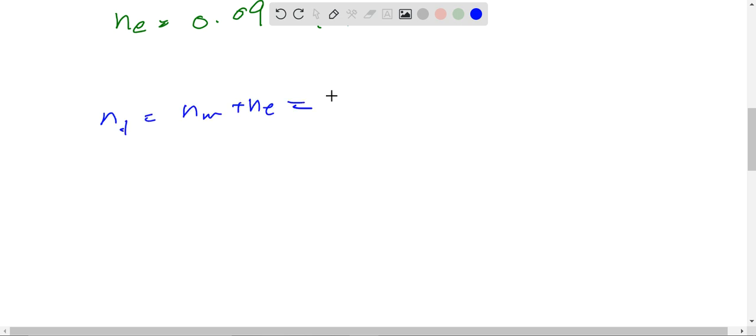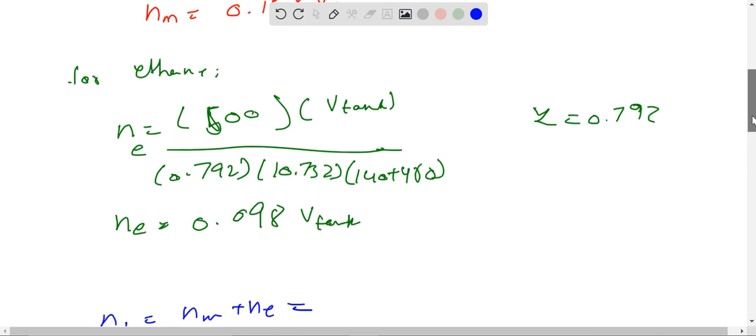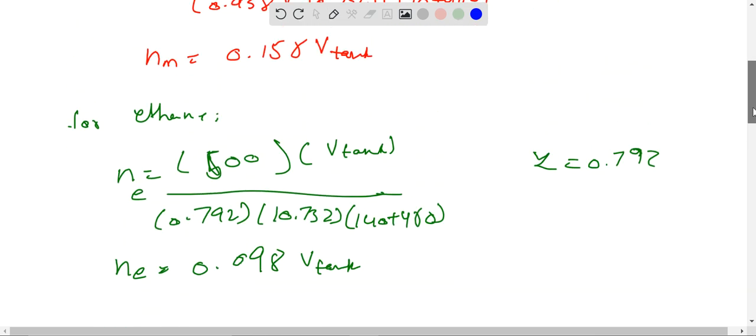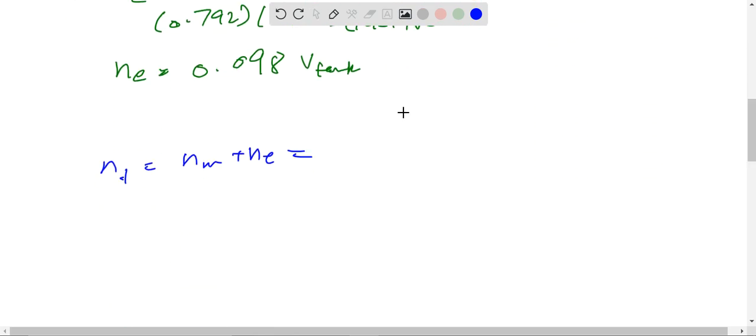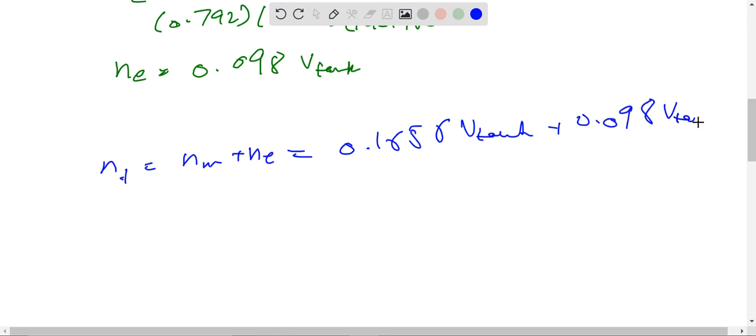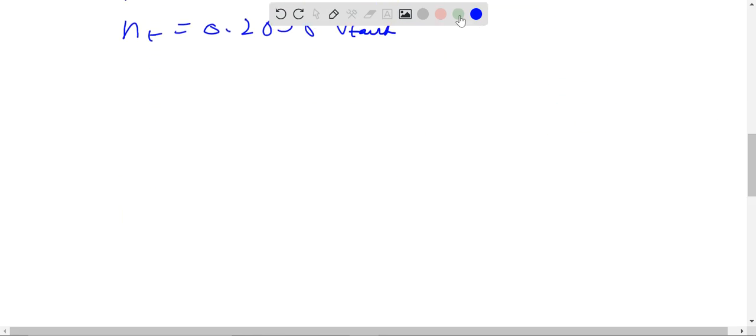Here nM is 0.1656 V tank plus 0.098 V tank. So nT is 0.2636 V tank.